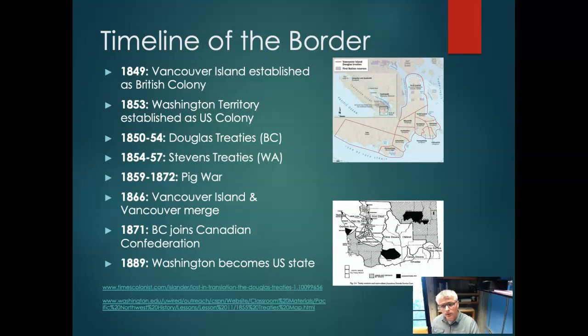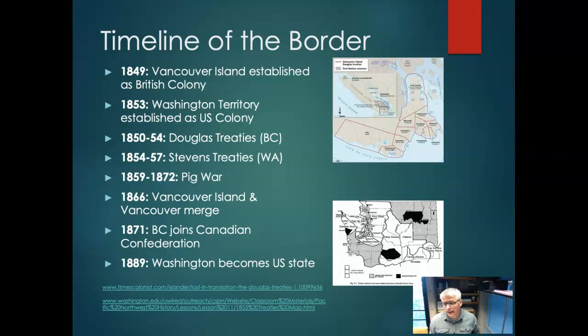So there are some slight variations between the treaties, but in general, they're very, very similar. So we refer to them as the Stevens Treaties. But there's a much more extensive treaty signed in Washington compared to British Columbia. In fact, most of the First Nations in British Columbia are operating without a contemporary treaty.